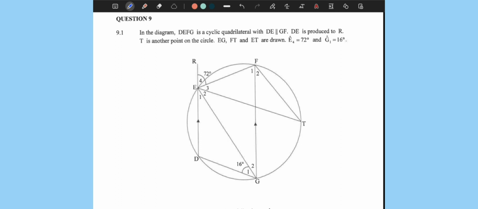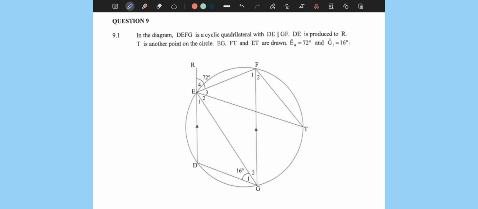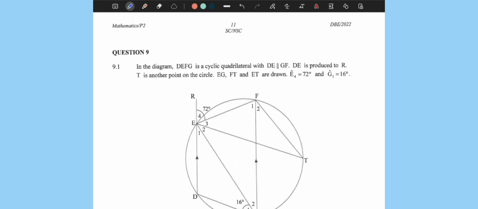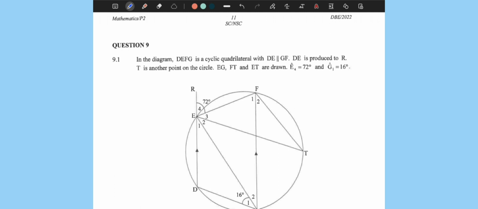It is question 9. I took this paper, it is May/June, NSC DBE 2022 Paper 2. You can download the paper before you watch the video so we can flow along together.